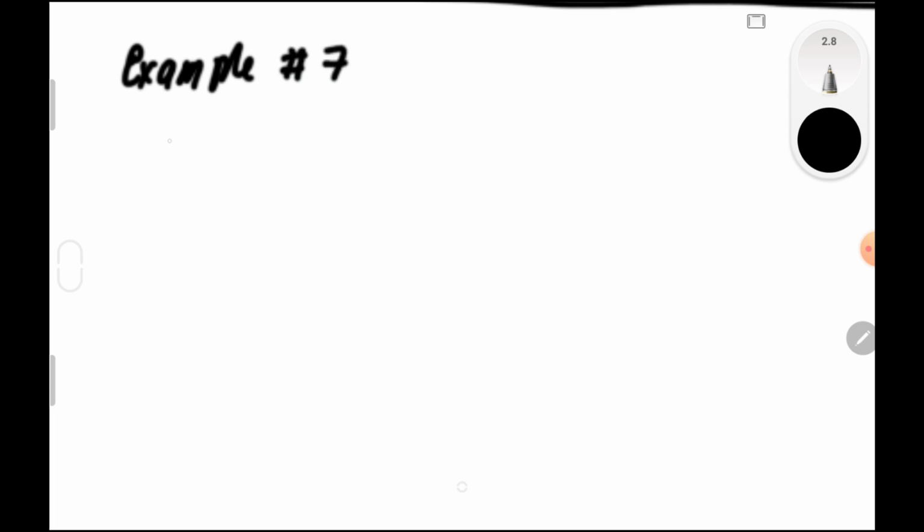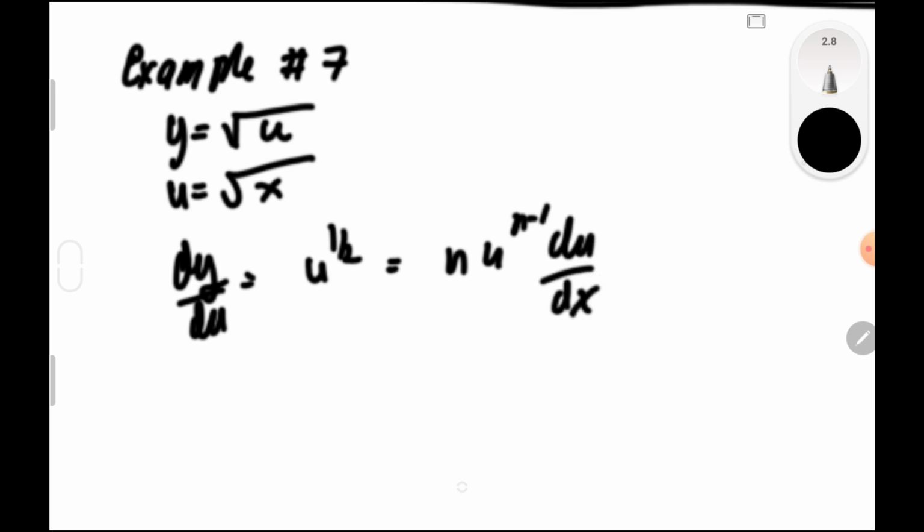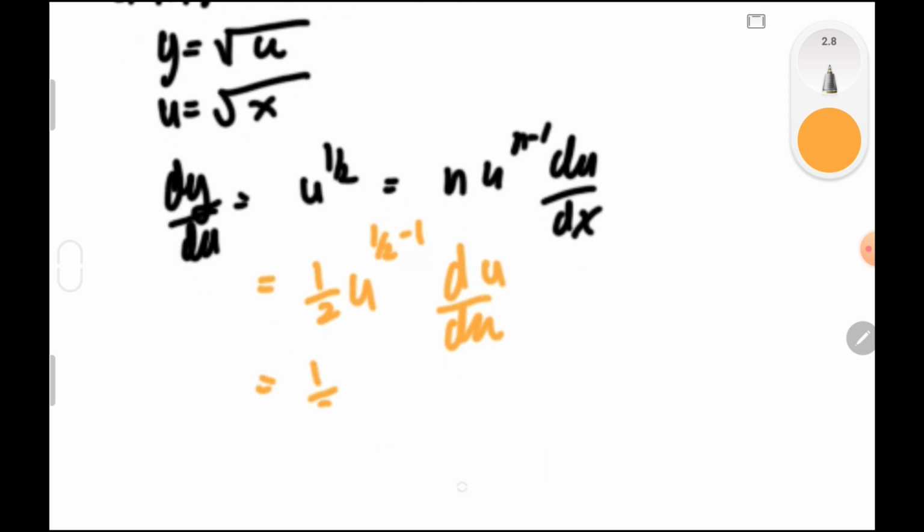Example number 7. Let y be equal to square root of u and u is equal to square root of x. So dy over du is u raised to 1/2, which is n u raised to n minus 1, so we have 1/2 u raised to 1/2 minus 1, times the derivative of u with respect to u, which is equal to 1/2 u raised to negative 1/2 multiplied by 1.